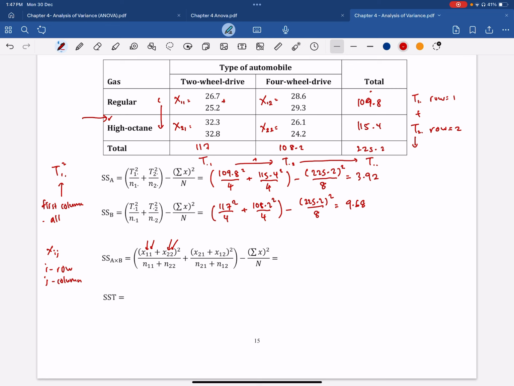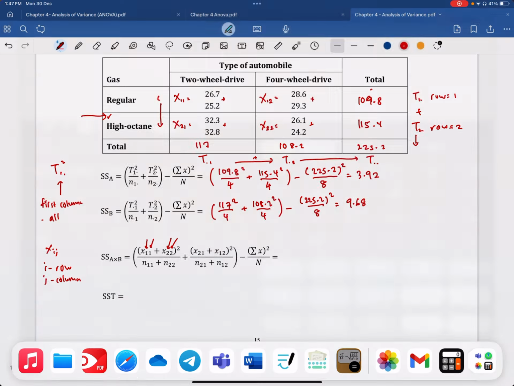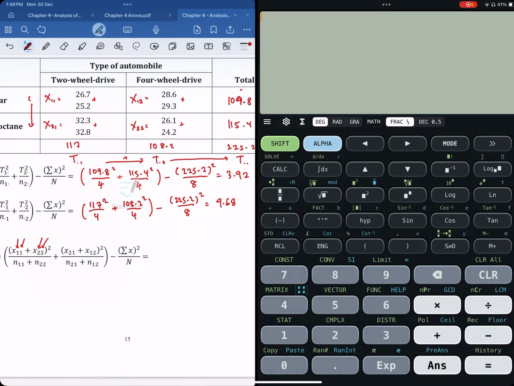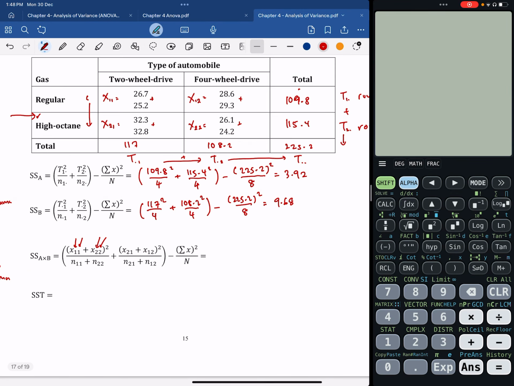We add these. So for x11, let's calculate. x11: 26.7 plus 25.2, you will get 51.9. x12: 28.6 plus 29.3, you will get 57.9. x21: 32.3 plus 32.8, you will get 65.1.